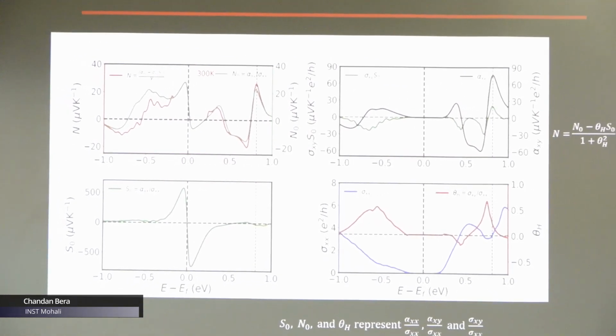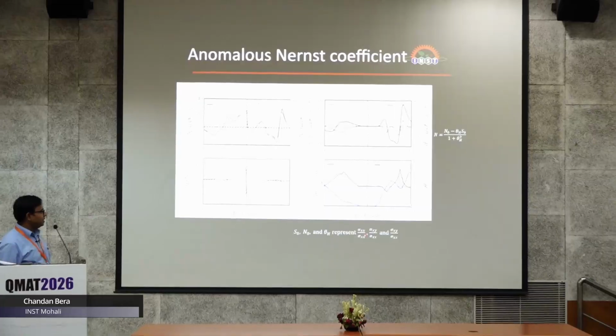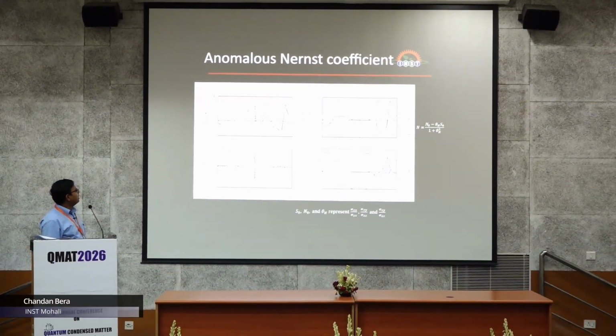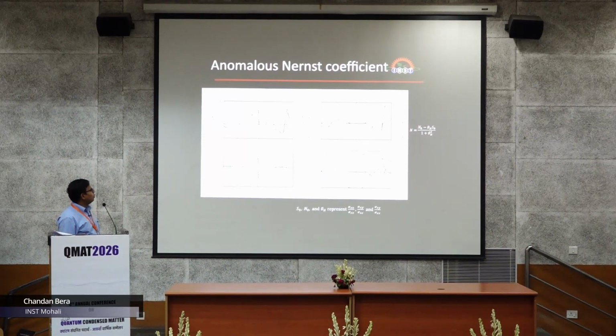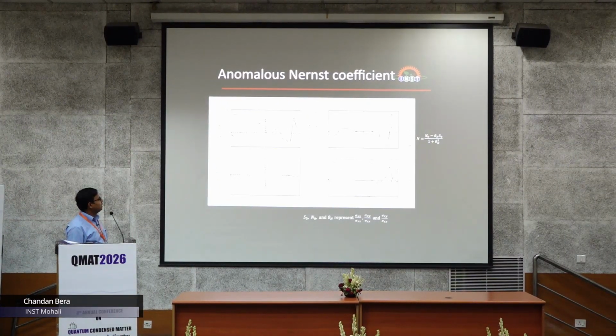And N0, S0 and theta are defined like this. You can see here that N and N0 are almost similar. There is a little difference here, which comes from this term, and this deviation is reflected here. Using all these coefficients, all the conductivity and thermoelectric tensors, we got the Nernst coefficient.